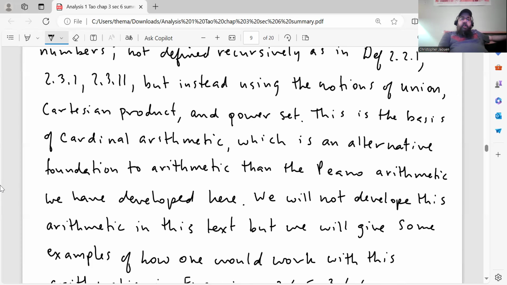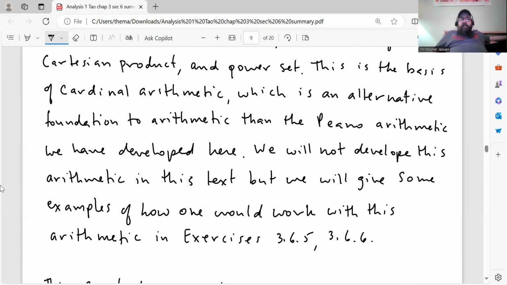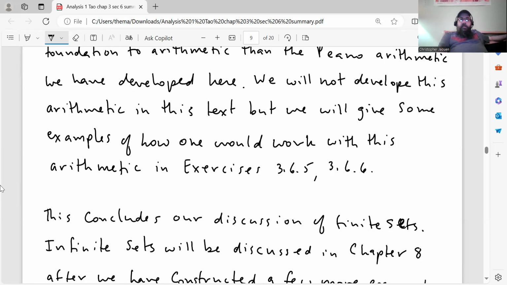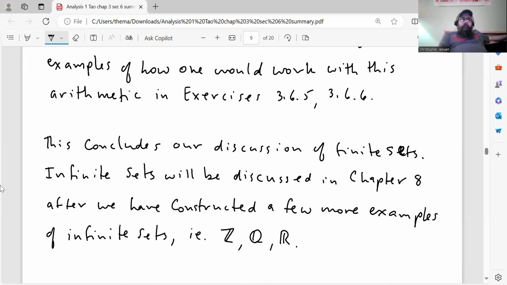This is the basis of cardinal arithmetic, which is an alternative foundation to arithmetic than the Peano arithmetic we've developed here. However, he says in the book, we will not develop this arithmetic in this text, but we'll give some examples of how one would work with this arithmetic in exercises 3.6.5 and 3.6.6. So again, when we get to the exercise set, that's something we have to look forward to.